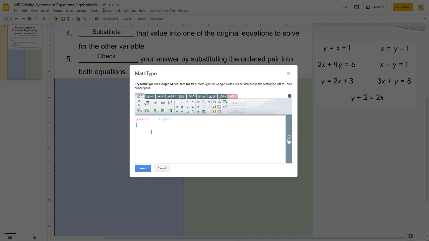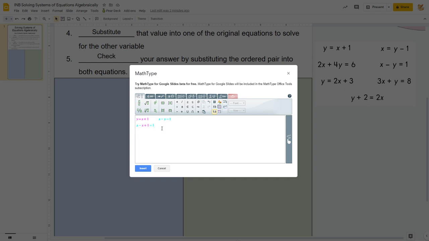So I'm replacing this y with this y. So how that's going to look is x minus my y, x plus 1, equals 1. Just to highlight what I did, this is in blue, while this is the pink.